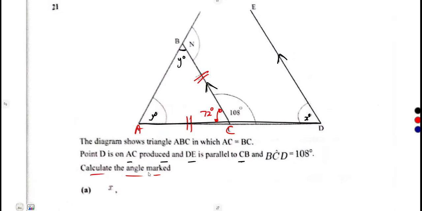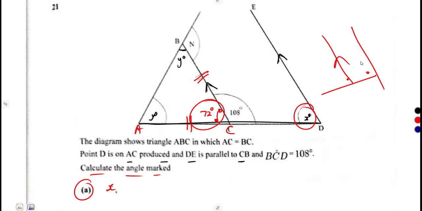Calculate the angle marked x, this one. You can take x from corresponding angles, since we are forming the letter F. One is inside and one is outside the parallel lines. Corresponding angles are equal, so angle x is going to be 72 degrees.